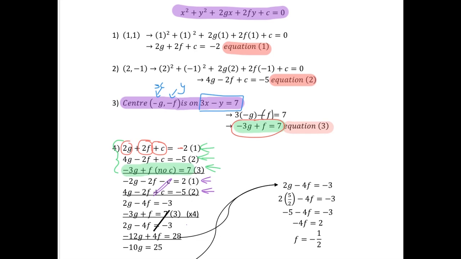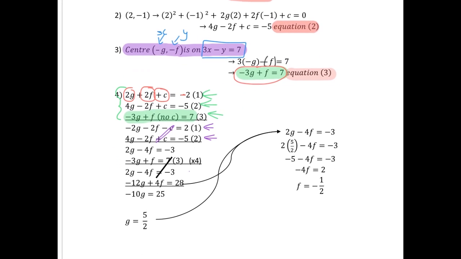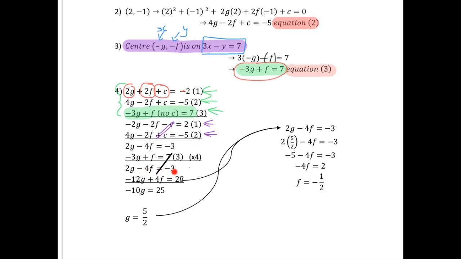Our first equation stays the same: 2g - 4f = -3. Multiplying each part of the second by 4, -3 times 4 is -12g, f times 4 is +4f, and 7 times 4 is 28. Then we can cancel our -4f and +4f by adding these equations, giving us -10g = 25, or g is equal to -5/2.